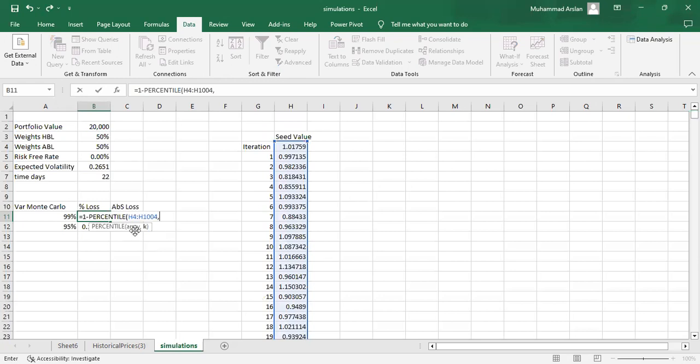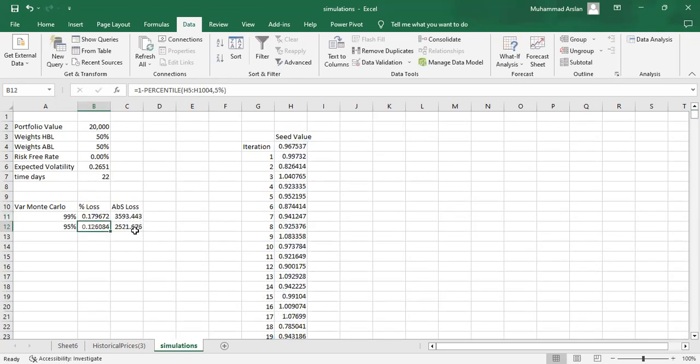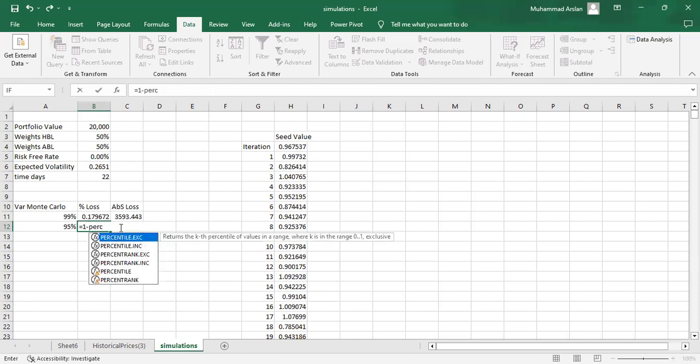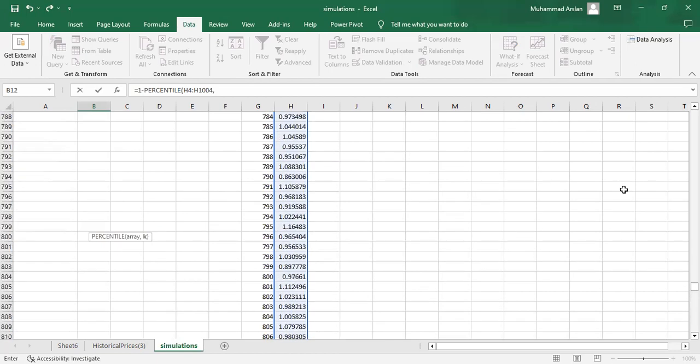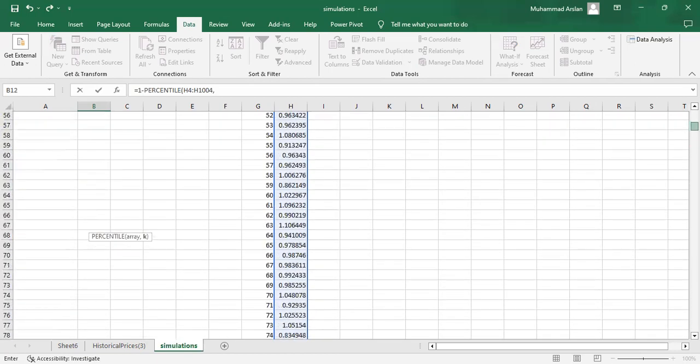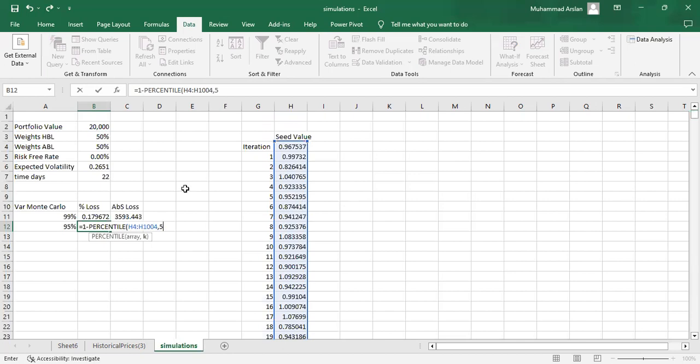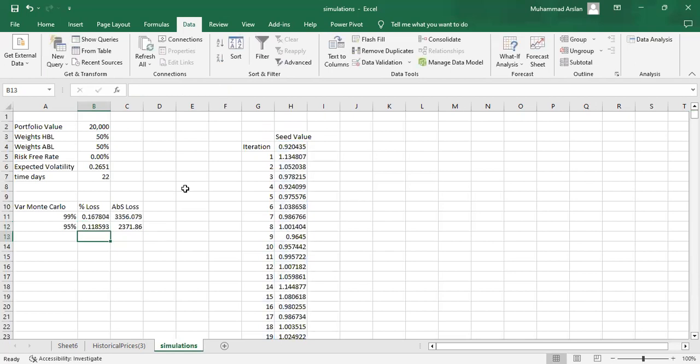We are calculating at 99%, so I'm using 1% and close the bracket. For 99% confidence interval, again 1 minus percentile, then choose the array, and for k we will use 5%, and hit enter.